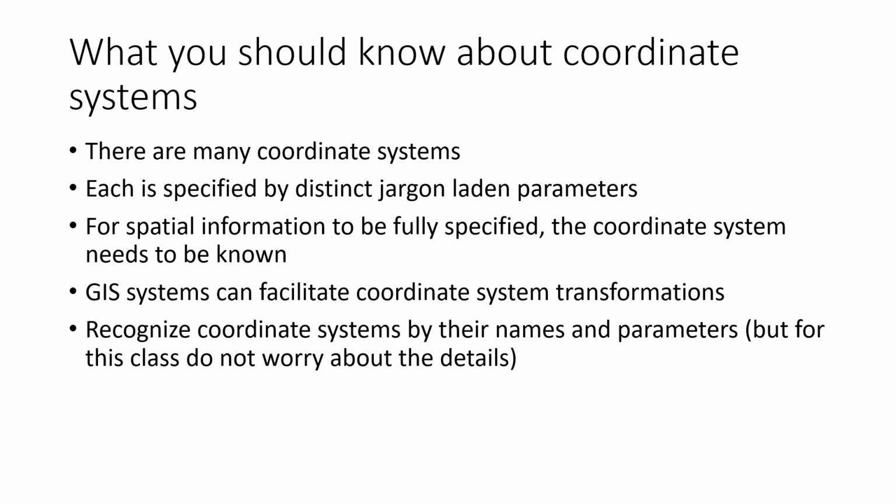And really the important point is, as long as those numbers are specified and the name is known, for a well-known coordinate system, you shouldn't get bogged down in the details too much. But sometimes we'll have to pay attention to that, because you'll get data in one coordinate system and data in a different coordinate system, and without converting one to the other, the two will not work together in a smooth way. So paying attention to what the coordinate system is is quite important, but knowing the specific details of the parameters is not.